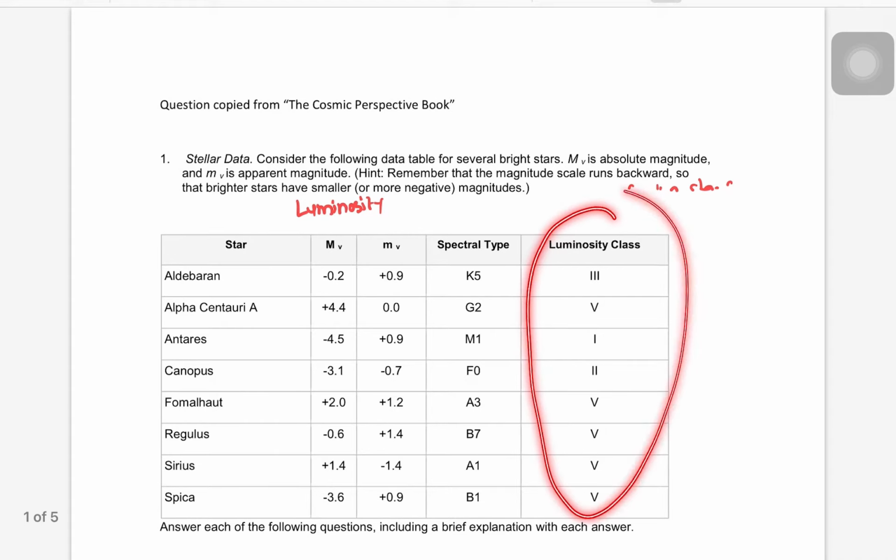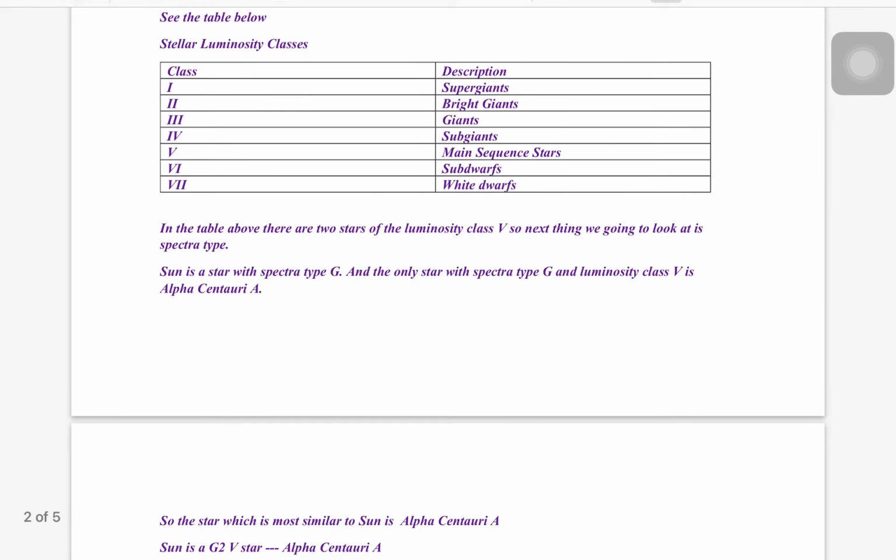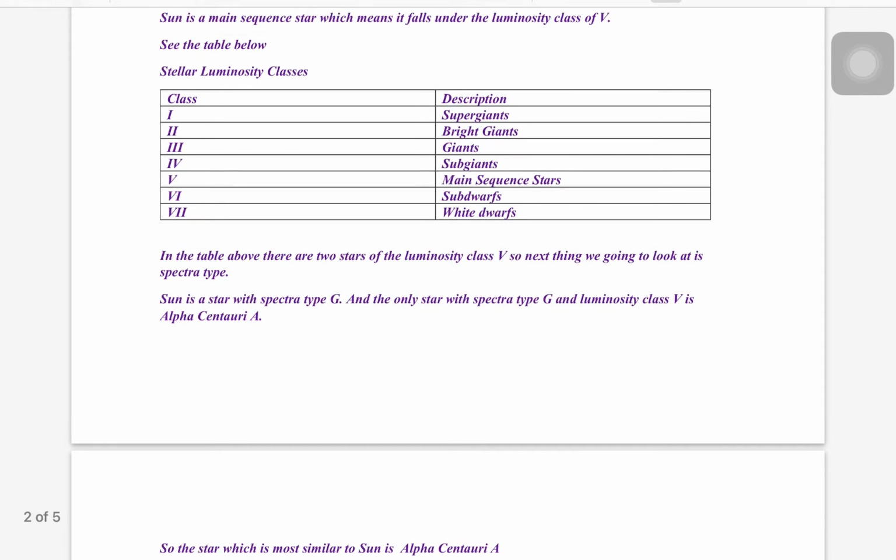The luminosity classes tell you the size of the star. If the stellar luminosity class is the Roman numeral I, that means the star is a supergiant. It's so big. And as the class number increases, the size decreases.